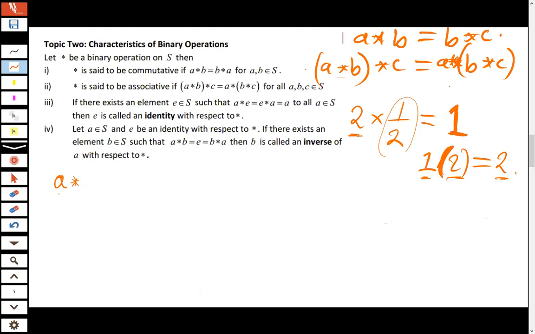If we take the identity element to be E, the answer we get should just be that same element A.